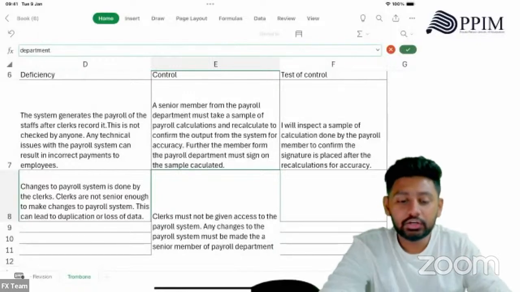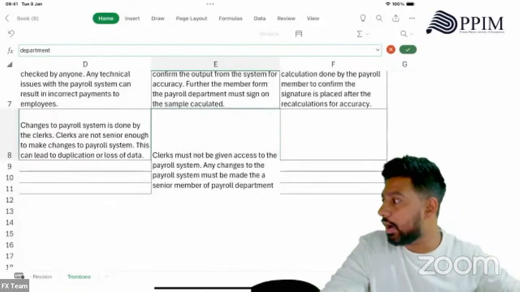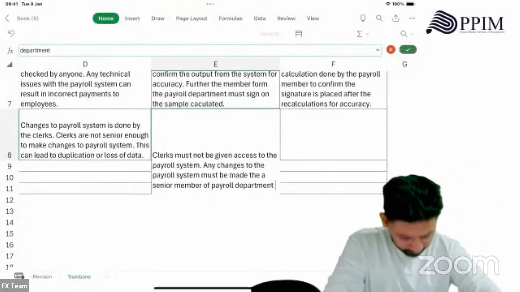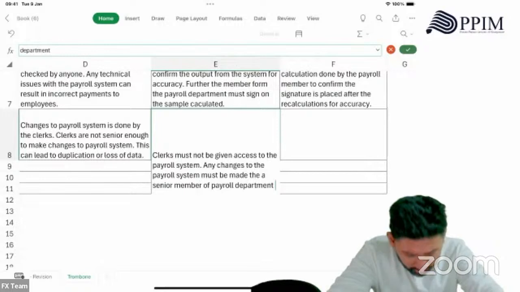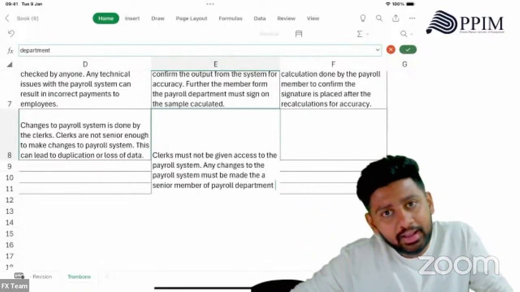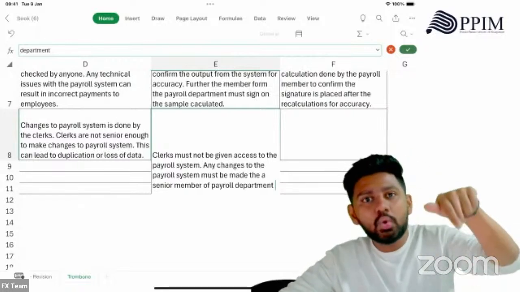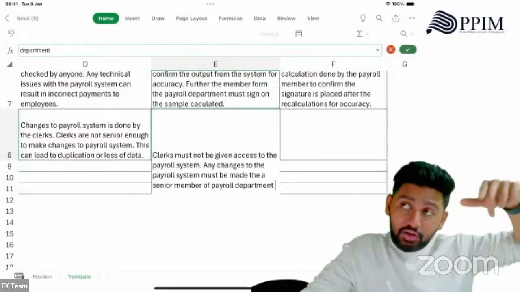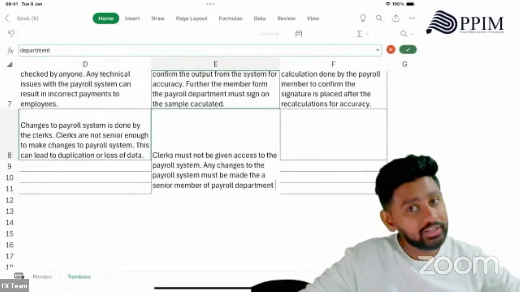A senior member is going to do it. But how are you going to connect it to the test of control? That's where I come in. There can be a few ways to do it. A payroll system can give a log of people who have edited the system. That will say who has edited it.